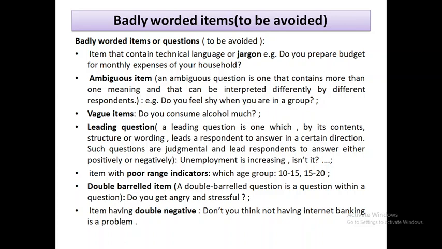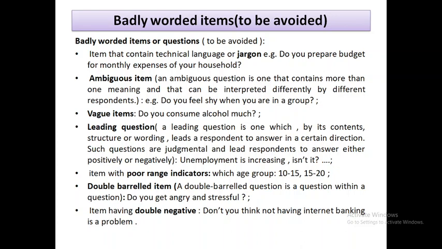Ambiguous items. An ambiguous question is one that contains more than one meaning and can be interpreted differently by different respondents. For example, do you feel shy when you are in a group? How you understood shyness may be different from how I understood shyness.